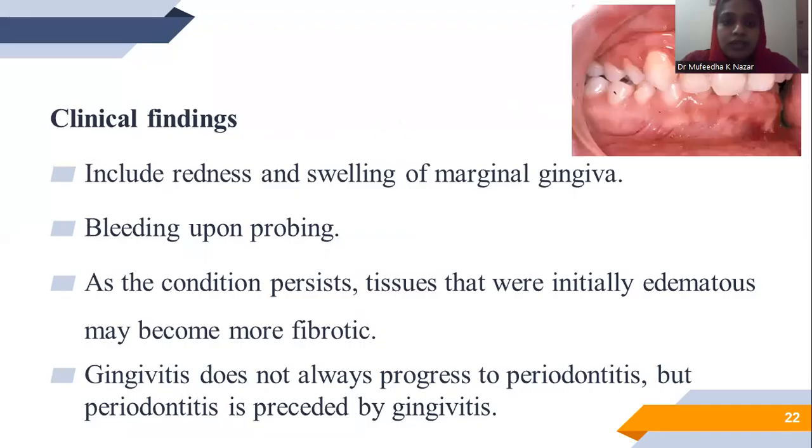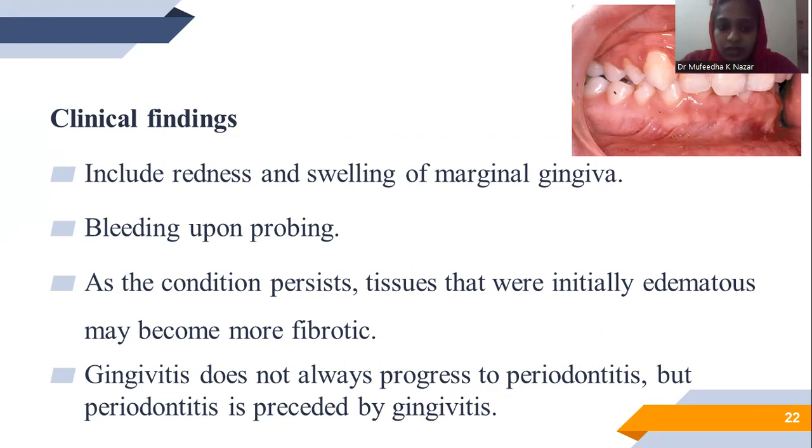Now coming to the clinical findings of gingivitis. As we said earlier, gingivitis is the inflammation of the gingiva. The gingiva will show redness and swelling, mainly of the marginal gingiva, and there will be bleeding upon brushing.